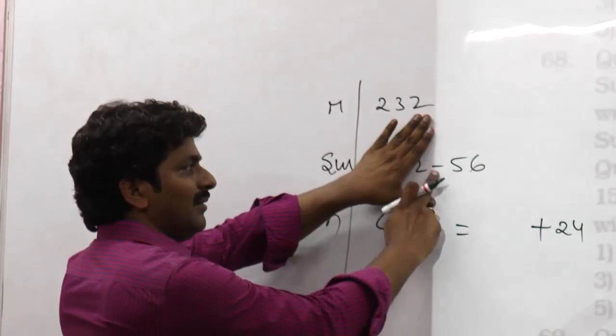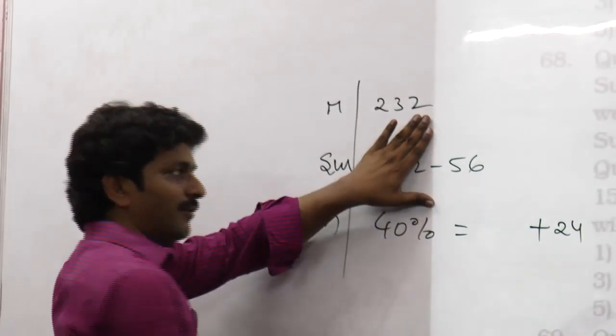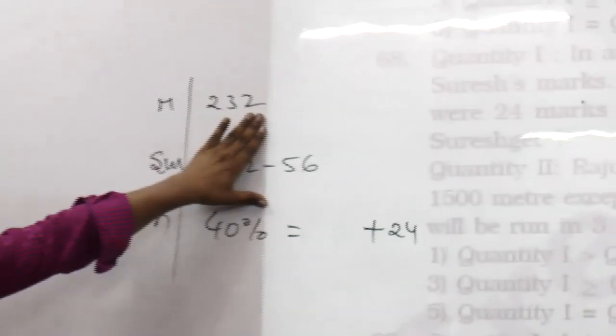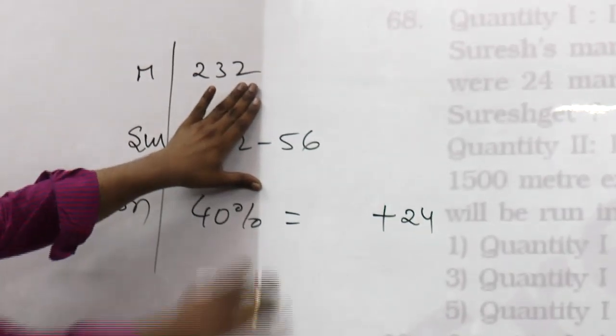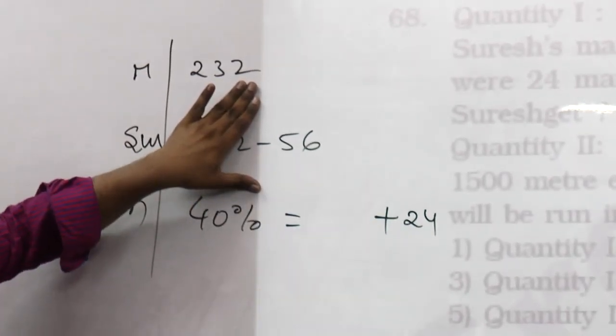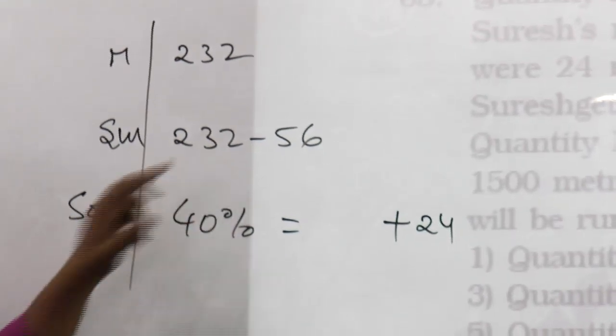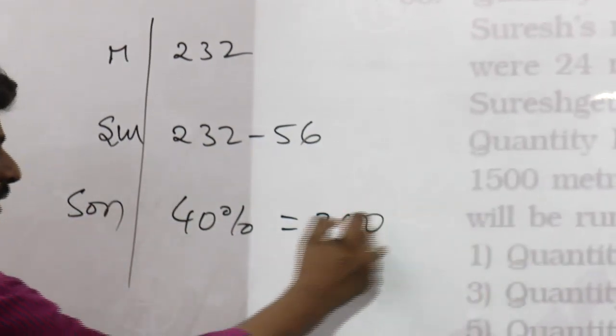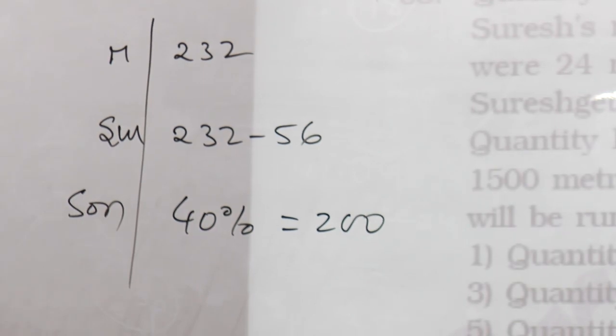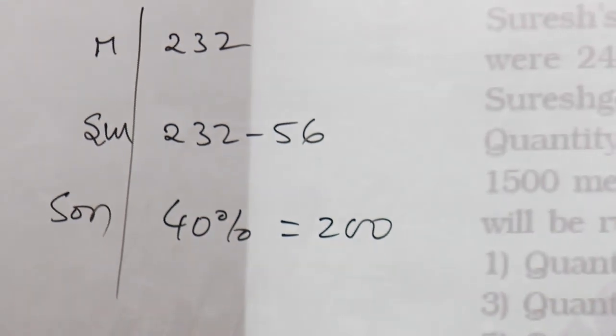For the time being, minus 56 plus 24, how much is that? Minus 32. So 40% is equal to 200, right? Yes? Next.